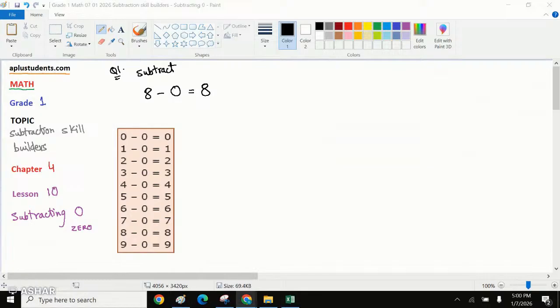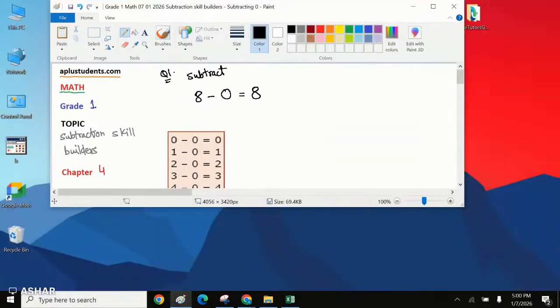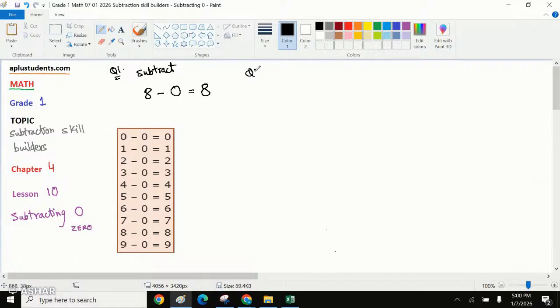The second question is, if we try to subtract a 0 from 6, let's suppose you have 6 stars.